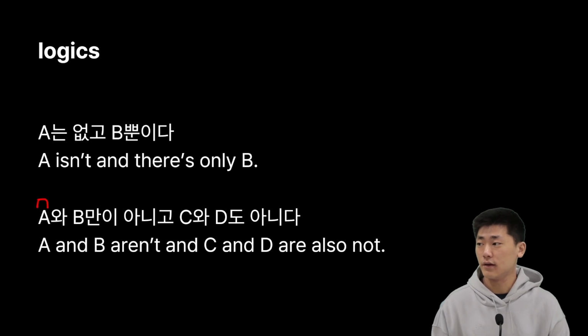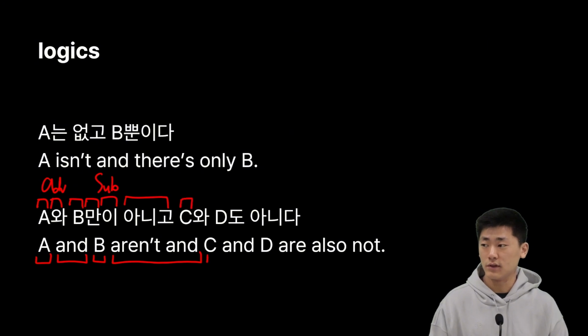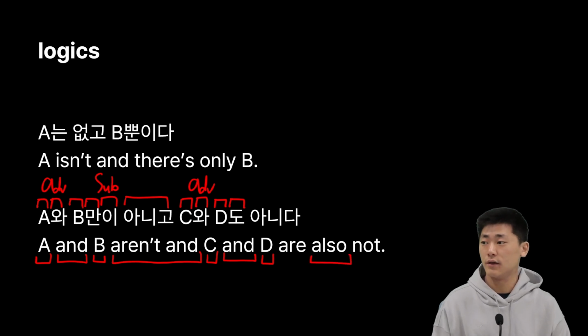In this sentence, A means A, and 와 is the adverbial case particle that we learned, which is translated into and, and B means B, and 만 is the auxiliary particle about limiting, which is not in the English sentence, and 이 is the subjective case particle, and 아니고 means aren't and C means C, and 와 is the same adverbial case particle that we learned, which is translated into and, and D means D, and 도 is the auxiliary particle which is translated into also, and 아니다 means are not.